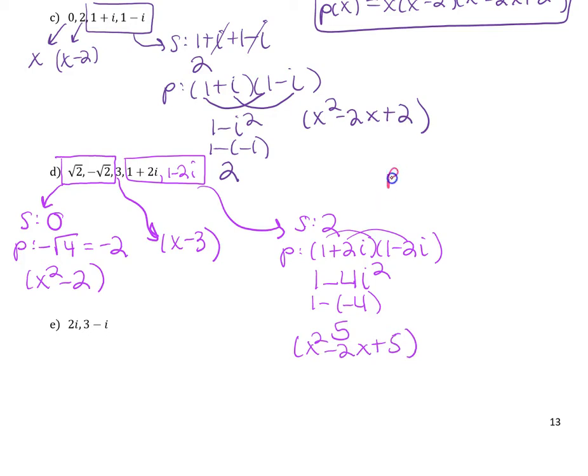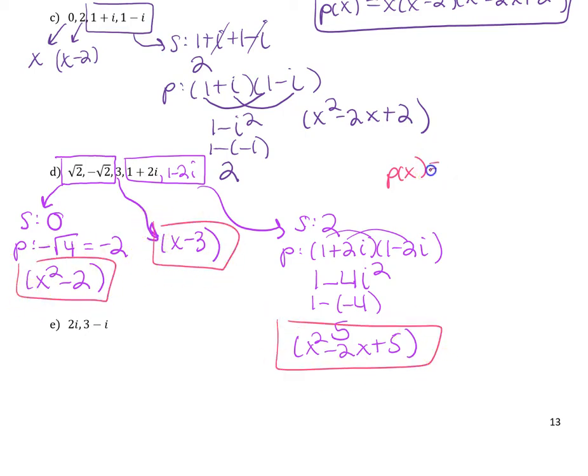Okay, so again, putting it all together, I just need to multiply these all together, and that will give me the polynomial. Okay, there you go. All right, one last one.